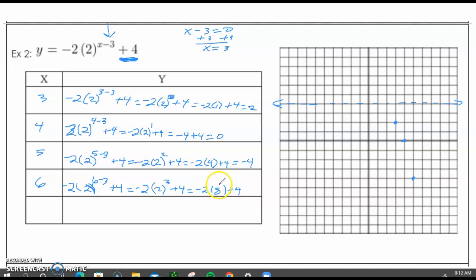Negative 16 plus 4 is negative 12. This graph goes to 10, so negative 12 would be down here somewhere. And our graph, remember, does not cross the dotted line. So it's going to look something like this, and it's going to curve to hit all those points that we just found.